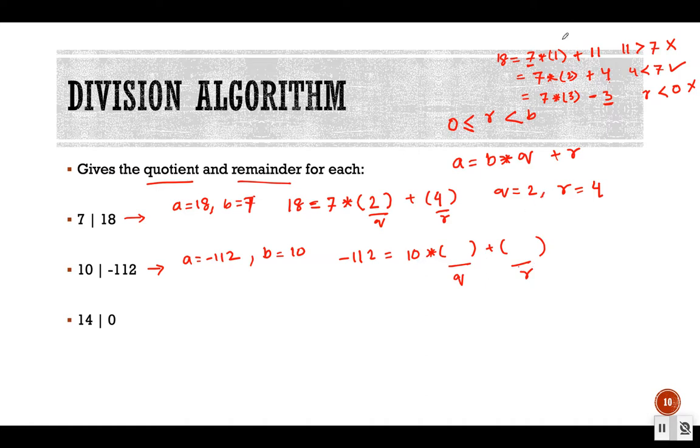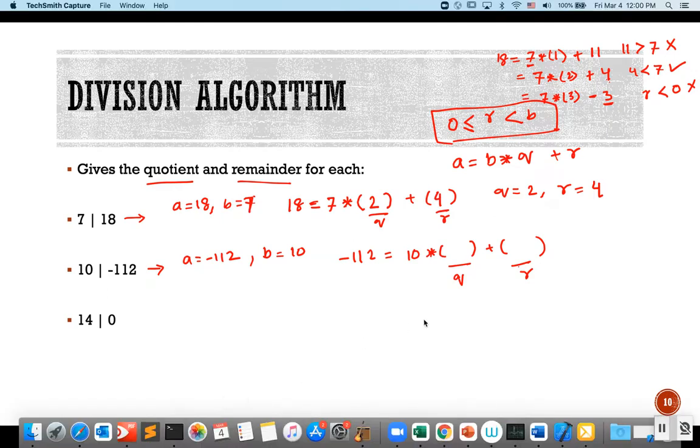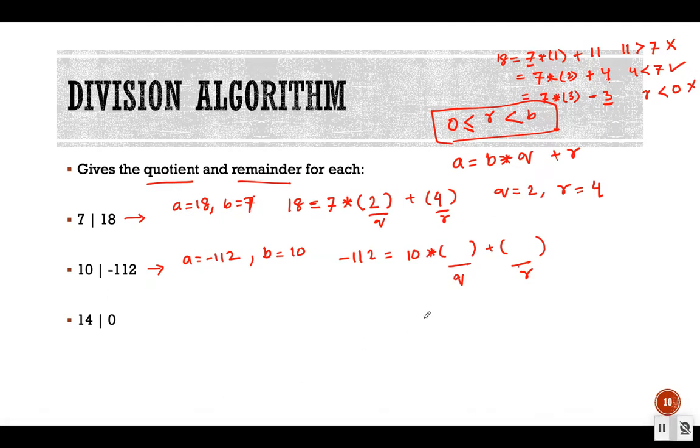You can go over all of these and find out for which one the condition for r is correct. But let's see what it will look like. Here it's a special case where a is less than 0.